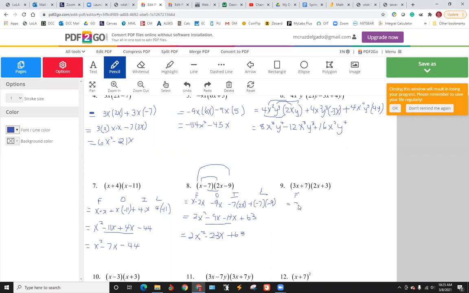So it's 3x times 2x. And then 3x just times a regular 3. And then on the inside, 7 times 2x.